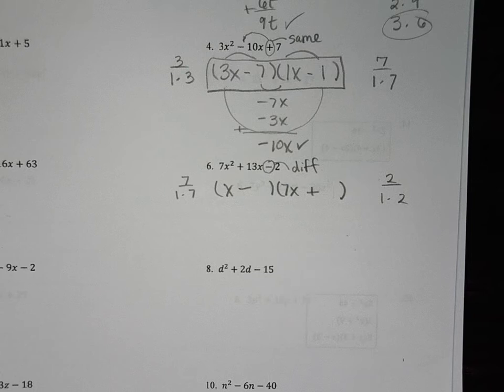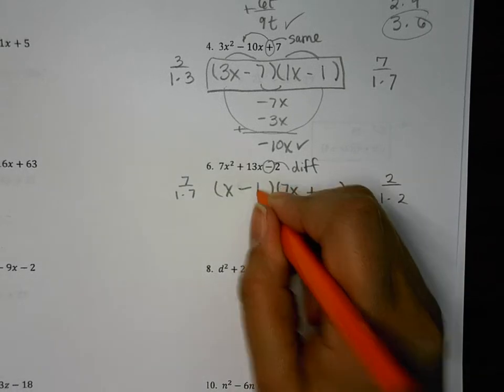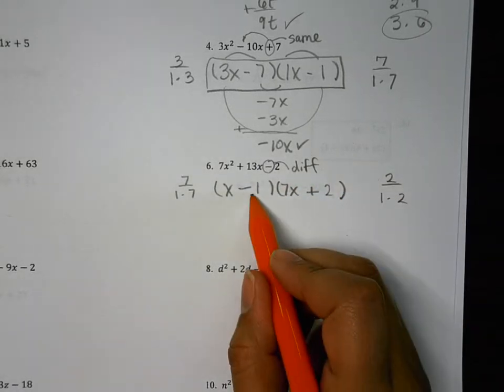Plus minus or minus plus? I heard 2, 1. Did you say that, Alex? Does anybody have it? 1, 2 or 2, 1? Don't worry about the negatives, positive yet.